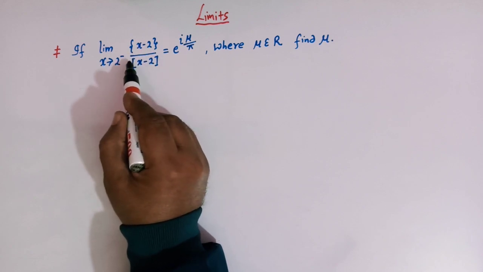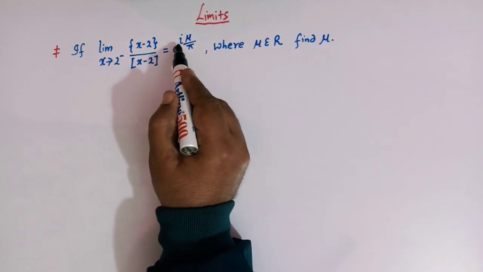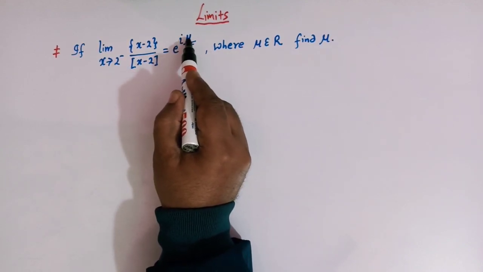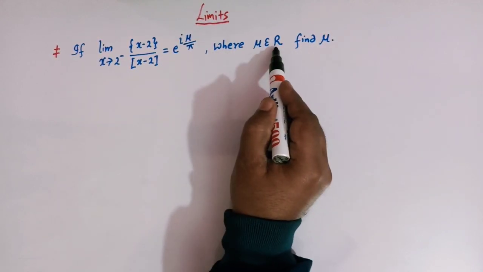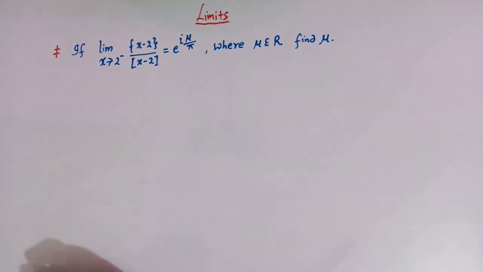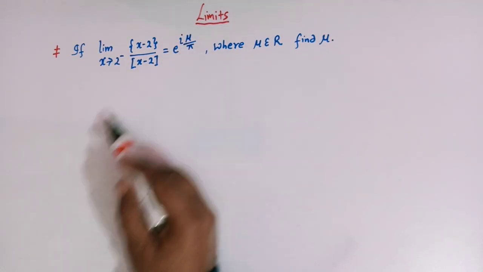2 divided by greatest integer of x minus 2 is equal to e raised to iota mu over pi, where mu belongs to the set of real numbers, and we have to find the value of this number mu, right?